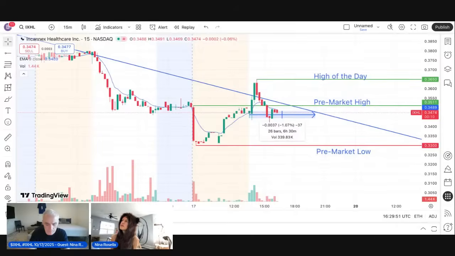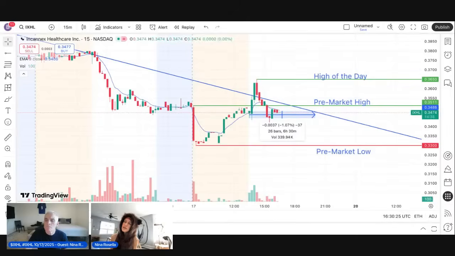Now, if you go to the link, inside the link says IXHL/news. At the bottom of this page is an IXHL chart. So when AI and the algos are scraping data from the internet, they are pulling this up and saying that IXHL had an approval of a 1-for-64 reverse stock split effective September 4th.